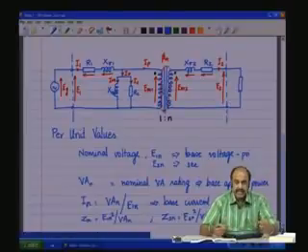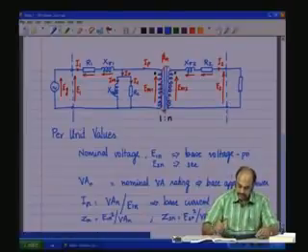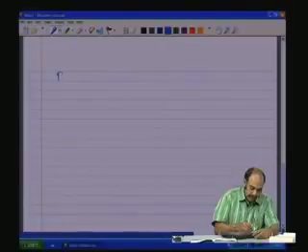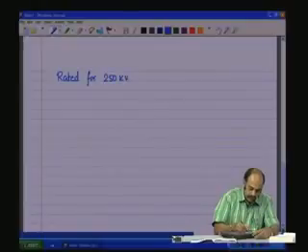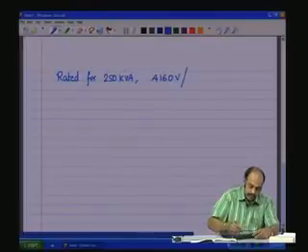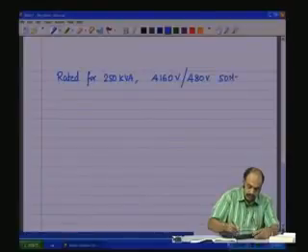Let us illustrate this with a simple example. Now, consider a transformer which is rated for 250 kVA, which has a primary voltage of 4160 volts to a secondary voltage of 480 volts, and it's a 50 hertz operation.